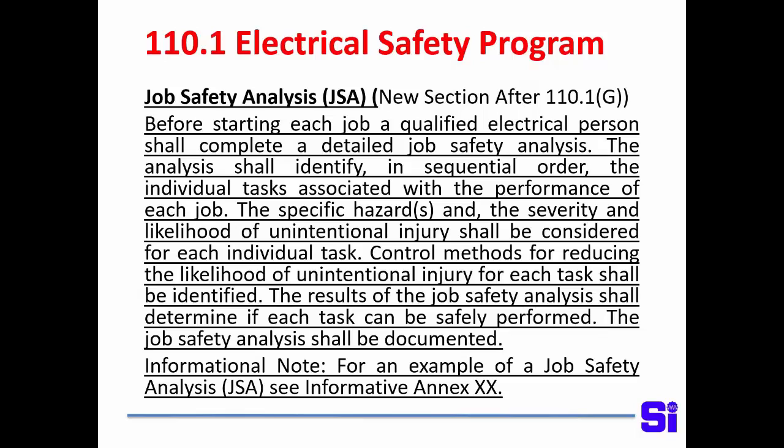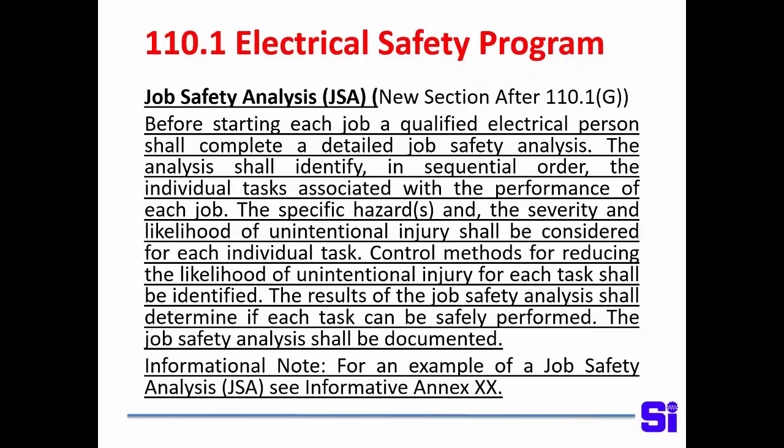And then you list the control methods. So basically, the job safety analysis is looking at, is it safe to do this task? And if it can be performed safely, then you move on to the next step, which we'll talk about here in a little bit. So the job safety analysis is new.